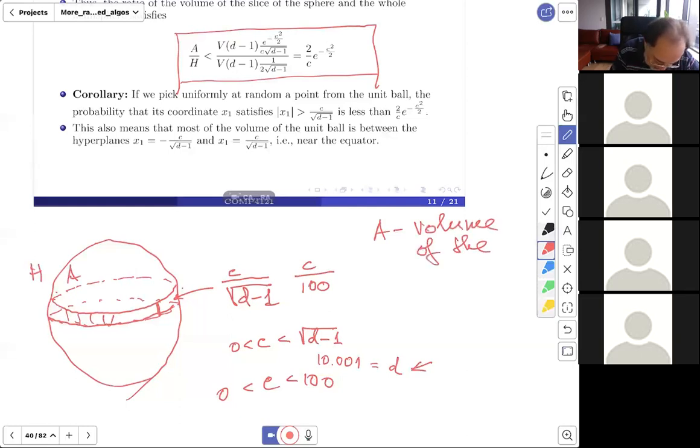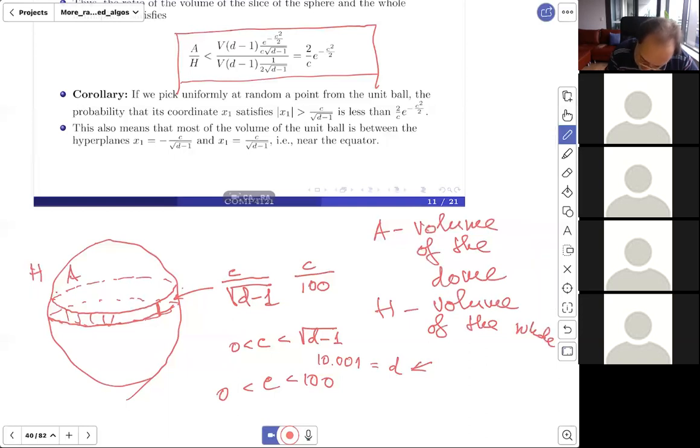How would you call it in English? A dome or cap. Is cap a good word? Spherical cap, very good. It is not really a hemisphere because it's cut a little bit, not exactly at the equator. So if you take a ball, A is the volume of the dome, and H is the volume of the whole hemisphere.